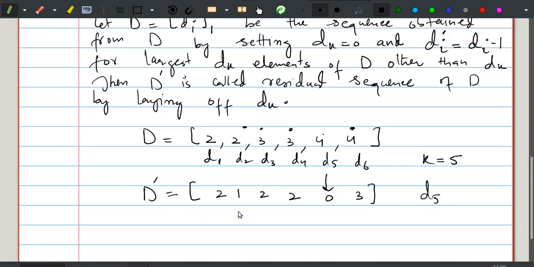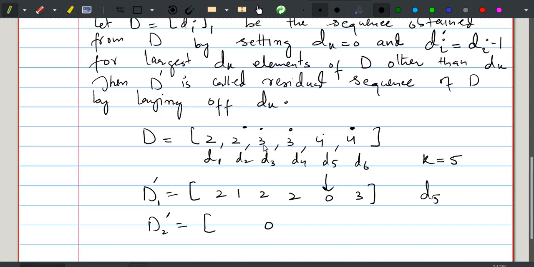Similarly, let us keep this as d1 prime. Now for d2 prime, suppose we lay off d3, so d3 becomes 0. We look over the largest d3 elements of this sequence other than d3.